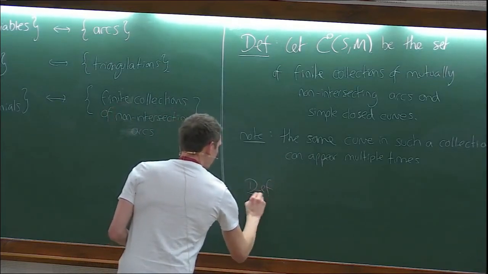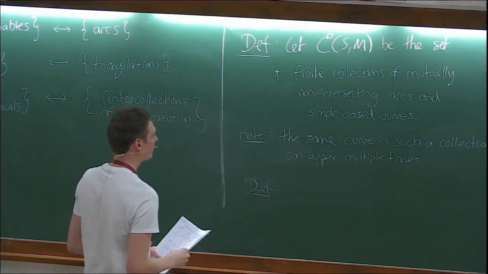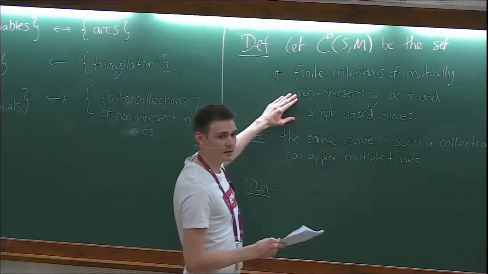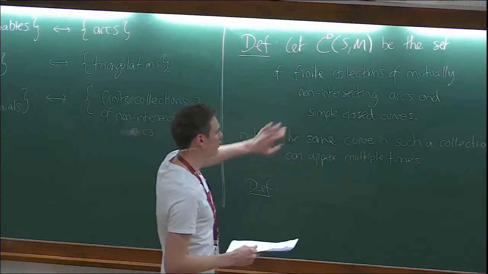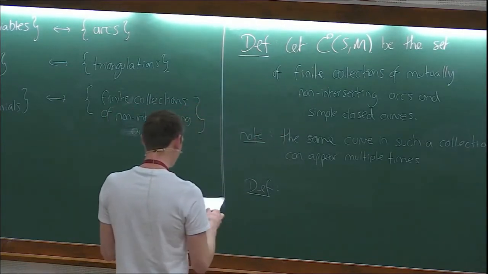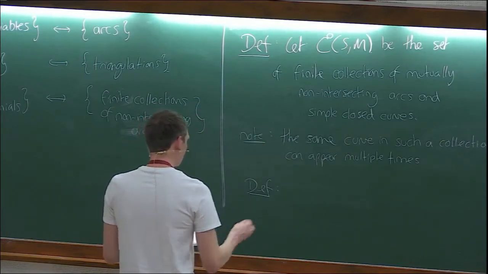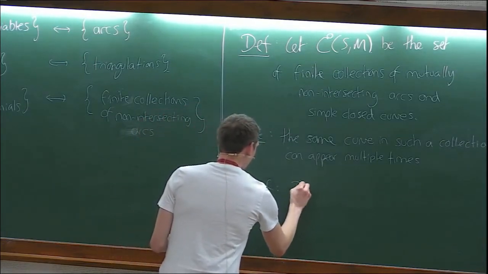From here we can see what our substitute candidates are going to be. It's going to be these simple closed curves, and we'll try to spit out a basis from here.